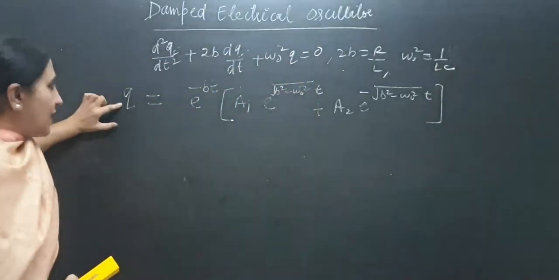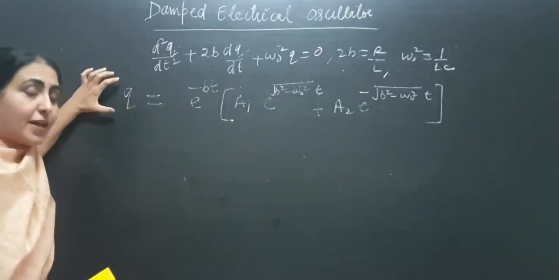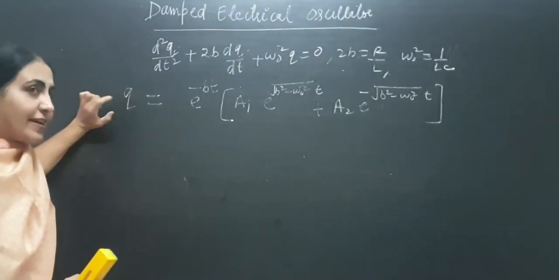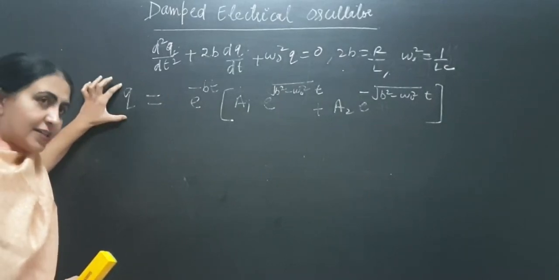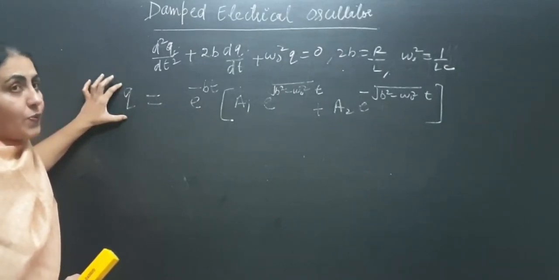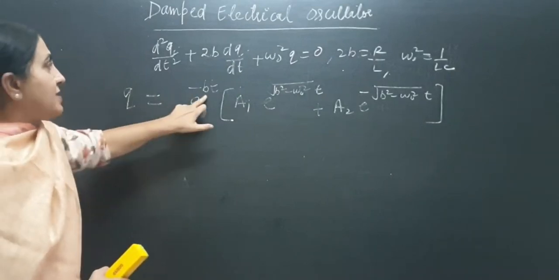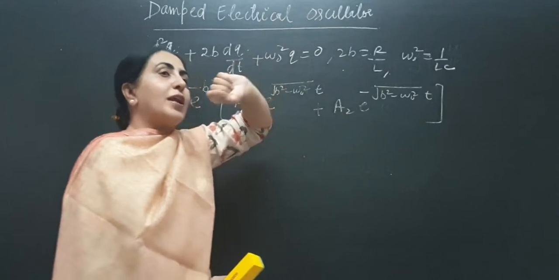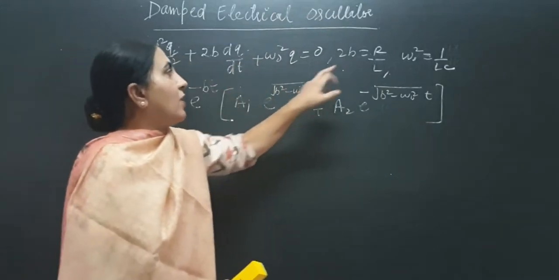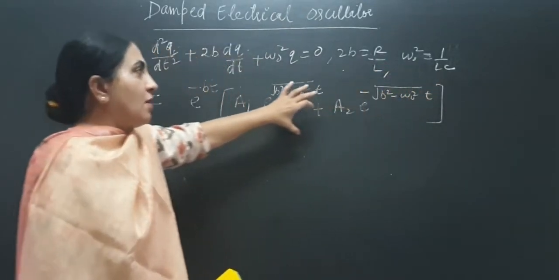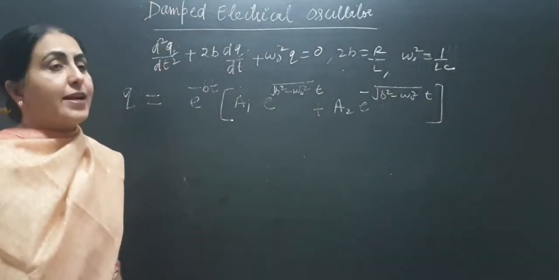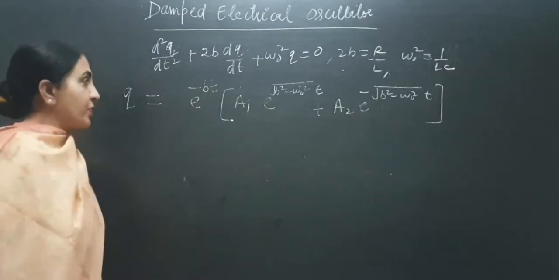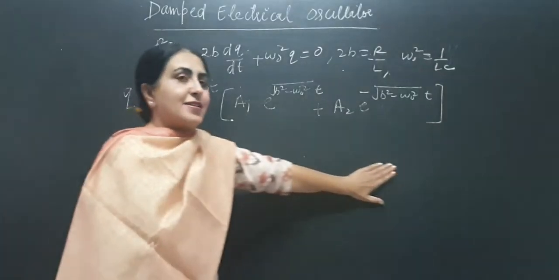In the mechanical oscillator it is X, but here it is Q. Clear? For the rest, b here is R by 2L, and in that case small r by 2M. And omega naught is 1 over root LC, and in that case it is S by M.